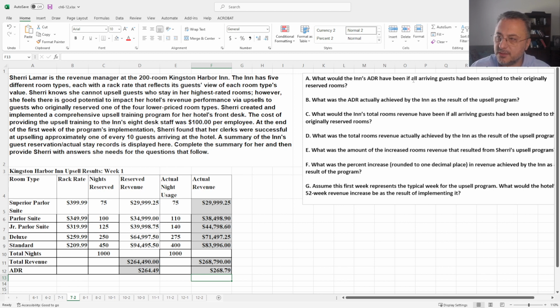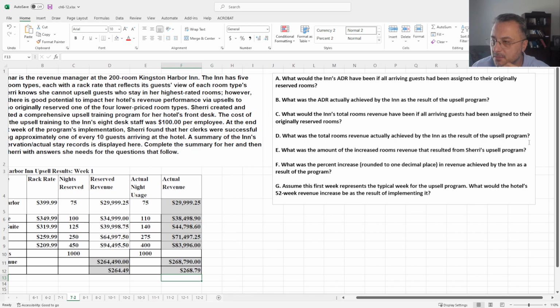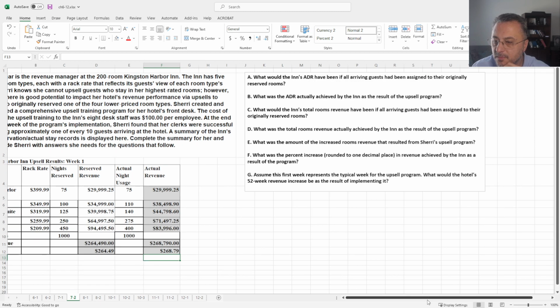We calculated this. What was the ADR actually achieved by the inn's upsell program? We calculated that. What would be the total rooms revenue? We calculated that here, and also with the upsell program is here. Okay, now the upsell program, we calculated that.